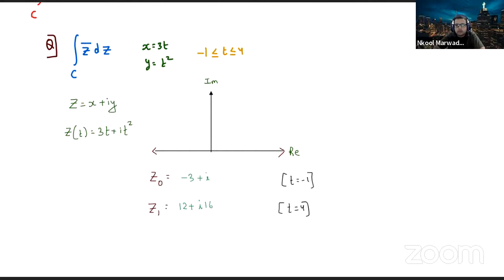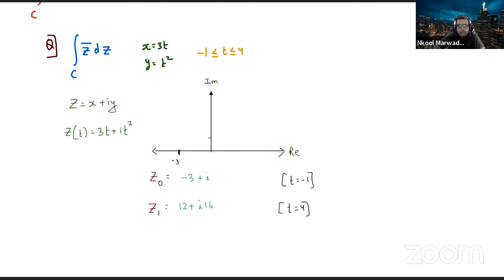For the first point we have the coordinates -3, 1. So when t is -1, we have -3, 1. So -3 will be somewhere here, and 1 will be somewhere above. So this can be that point.